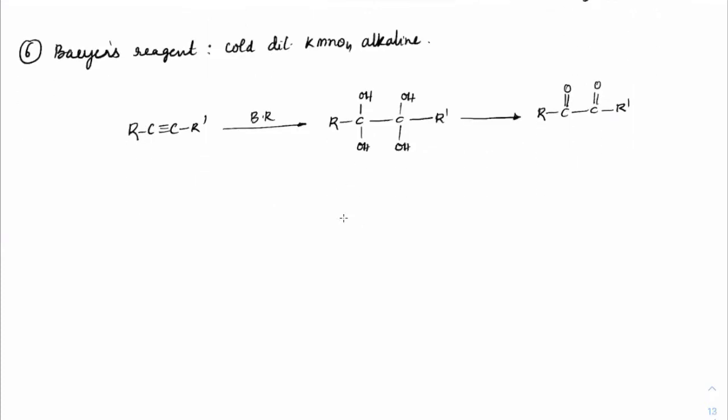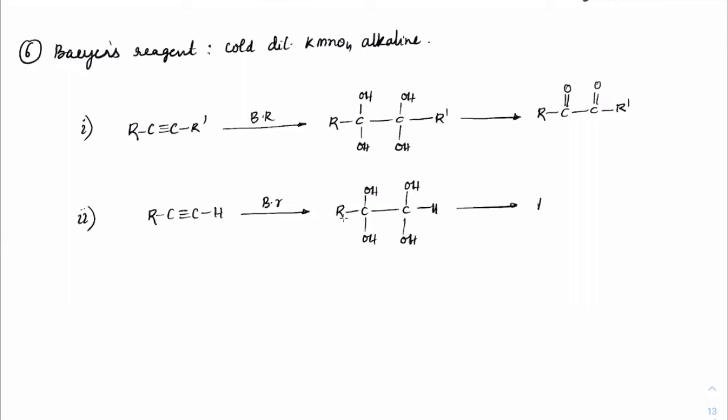In case we have R, C triple bond CH, and Baeyer's reagent is used, first we have R, C(OH)(OH), and C(OH)(OH), and H. This will be unstable to give the keto form here, and this side it is aldehyde.